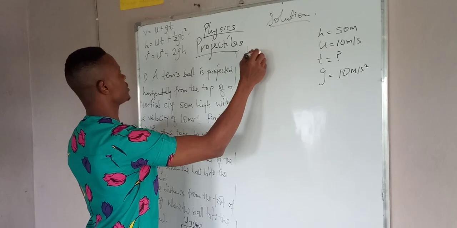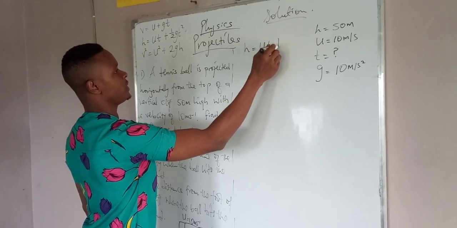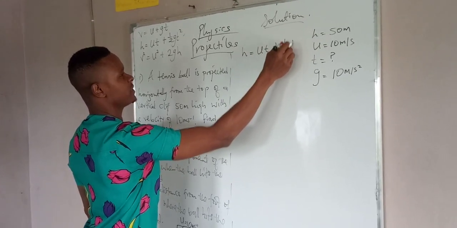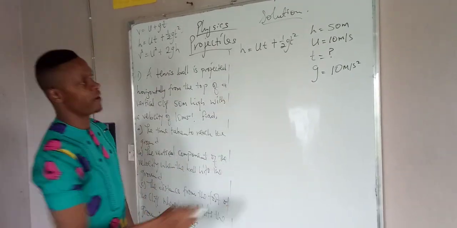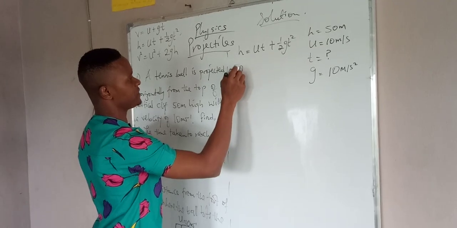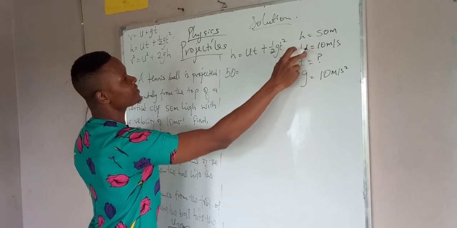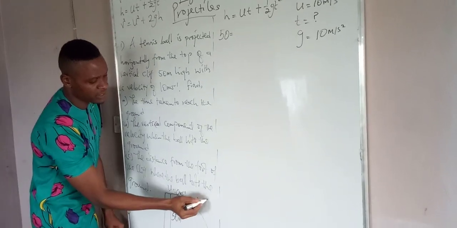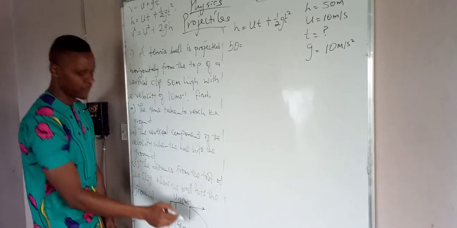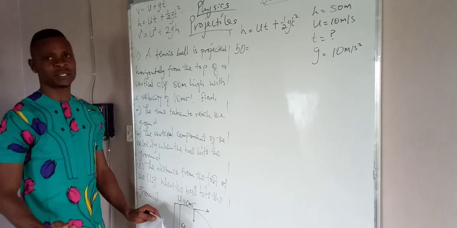So we have h equals ut plus half gt squared. Substitute the values of these parameters. Here we have 50 being equal to... Now take note, this u, like I mentioned, is only effective in taking this body in the horizontal direction. In the vertical direction, u has no effect.